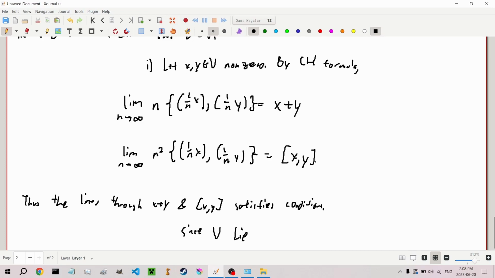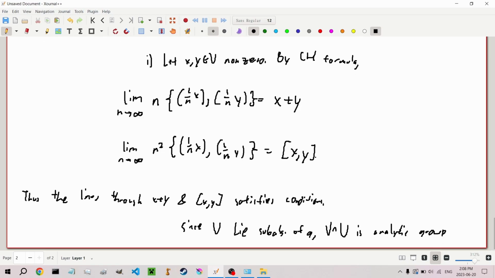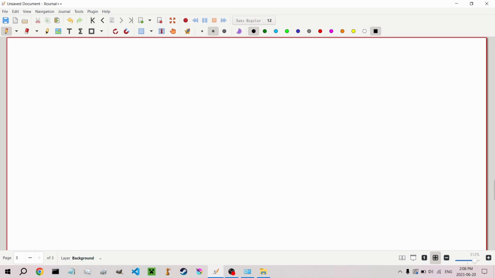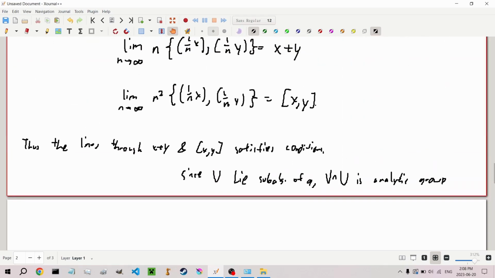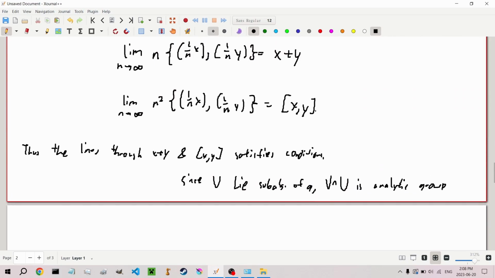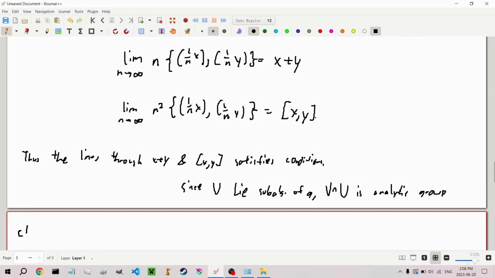Since V is a Lie subalgebra of G, V intersected U is an analytic group chunk of U under the Campbell-Hausdorff formula.